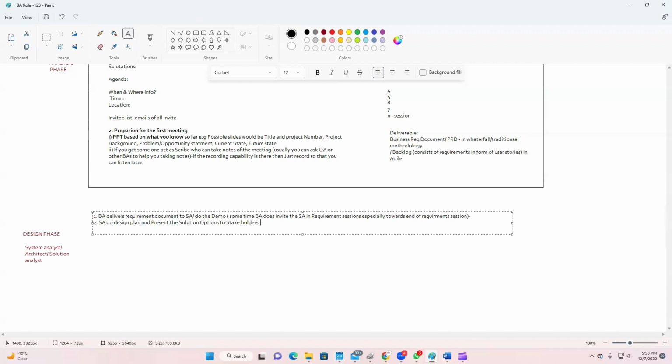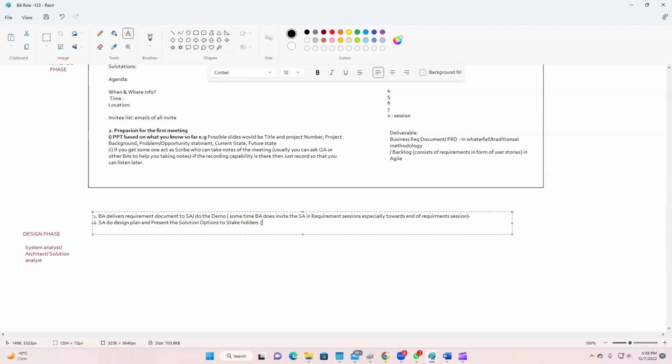The BA presents the requirement to the solution analyst, who understands the requirements and then prepares the solutions. Sometimes there are multiple solutions, and they present the solution intent. They haven't detailed the solution, but they can say, to deliver this requirement, we can do this, or this, or that. So they do their system analysis and come up with solution options.